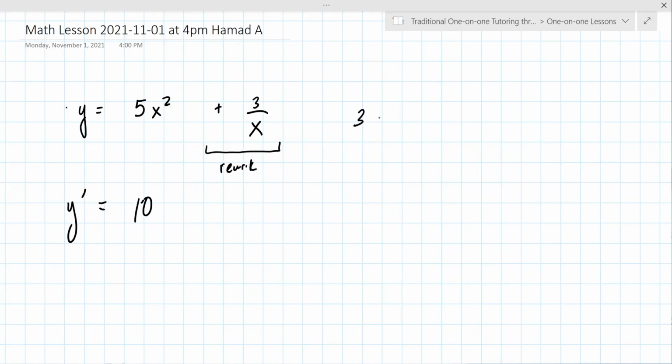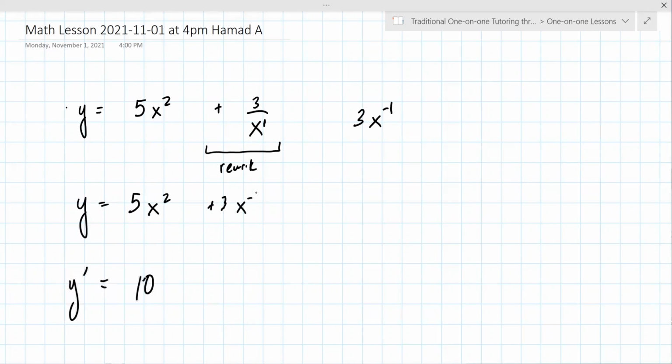It's 3x to the minus 1 power. Minus 1 because of the 1 there. Okay, so instead, let's just say here that this was written as y equals 5x squared plus 3x to the minus 1.